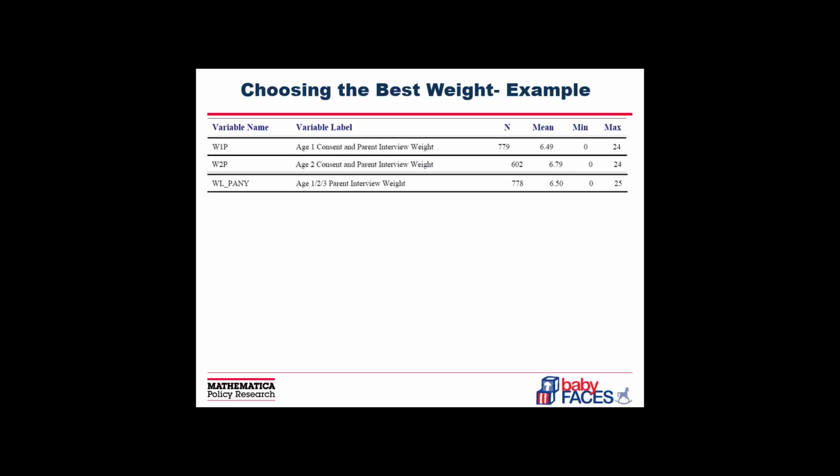So, for example, if you would like to find out the percentage of mothers that are employed for children at age 1, you would take the mean of P1M_employ, which, as a reminder, is an age 1 variable from the parent interview, using the weight W1P.